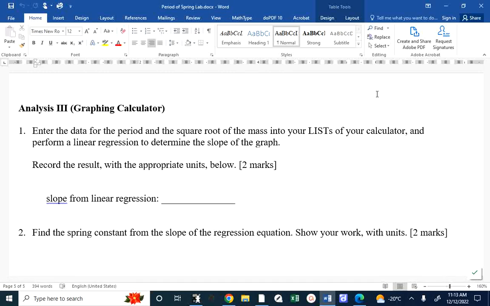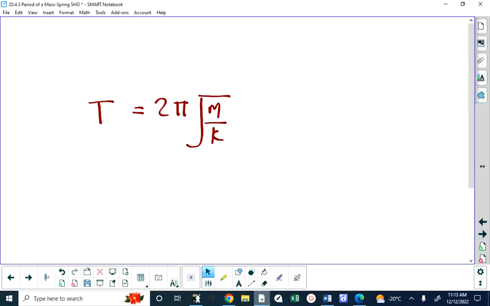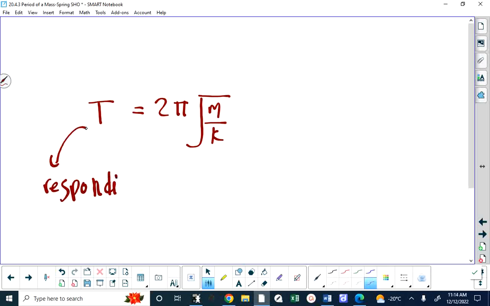But I'm going to teach you now the proper technique for a graphical analysis here. In this experiment, this is the responding variable, and this is the manipulated variable.